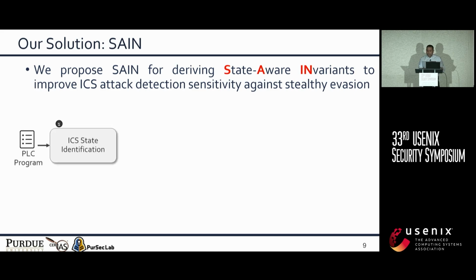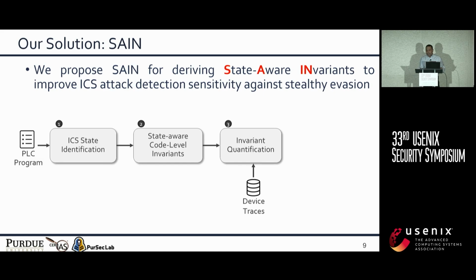At a high level, SAIN identifies the states that are defined and implemented to control the ICS operations. From these identified states, SAIN determines the conditions, which include the sensing, configuration, and actuation variables in the PLC, that must hold under each ICS state and converts them into invariant templates.